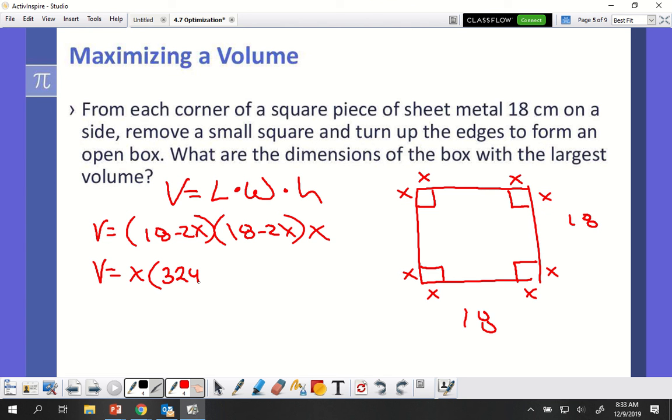Okay, and then it's going to be 36, 72, minus 72x, and that's plus 4x squared. And put that other x into it. So volume is equal to 324x minus 72x squared plus 4x cubed.